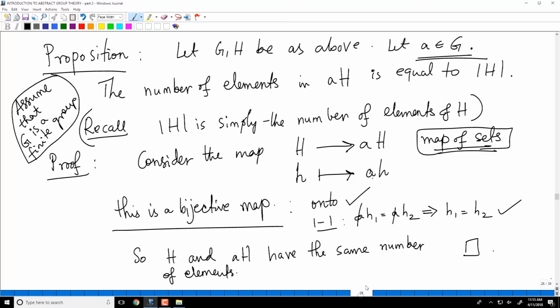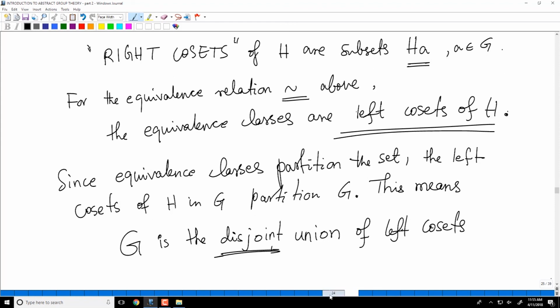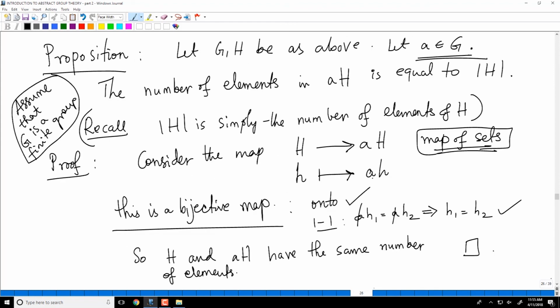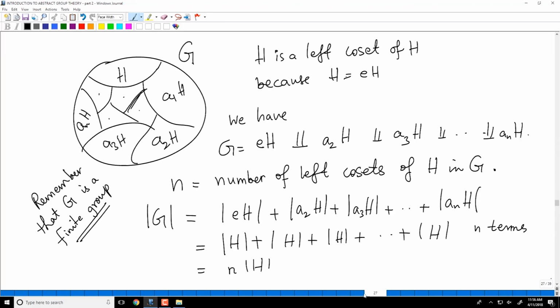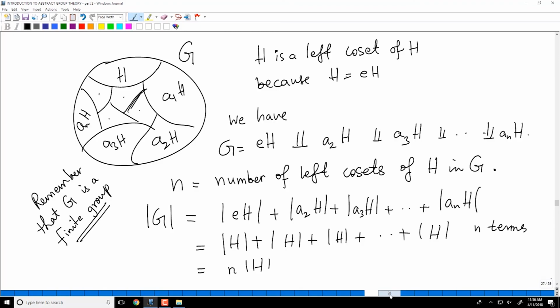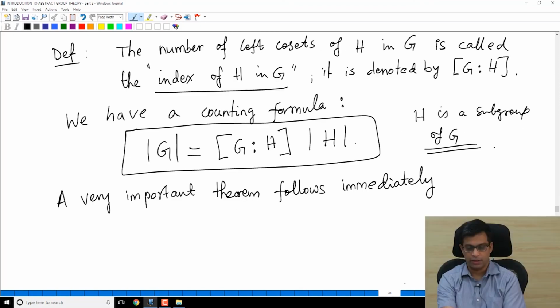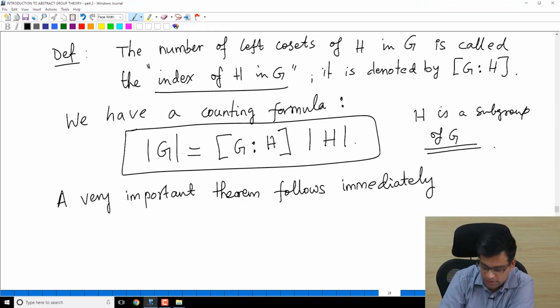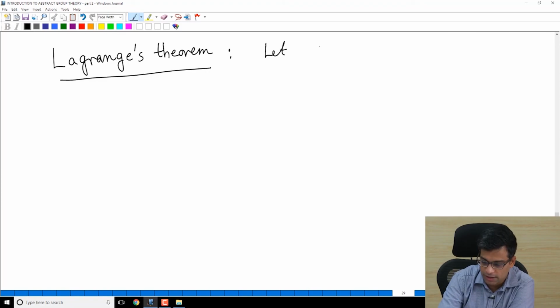At some point in these videos, I have started assuming G is a finite group. So you can talk about cosets and equivalence relations always without assuming that G is a finite group. But once I started counting the number of elements, I have assumed that G is a finite group. So everything that follows is about finite groups. For example, the statement about the counting formula is a statement for finite groups, right? Because if G is not a finite group, there is no sense in this statement, because this is an infinite number, then you can't write something like this. So if G is a finite group, you can make this. So similarly, Lagrange's theorem is a statement about finite groups.